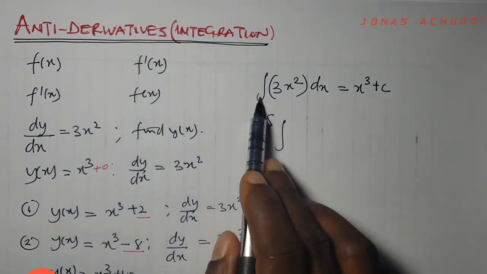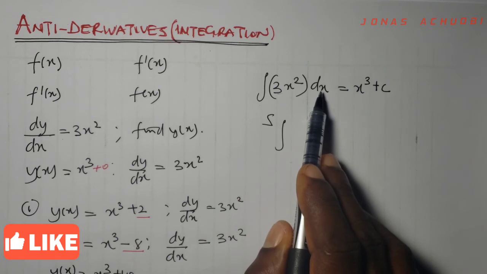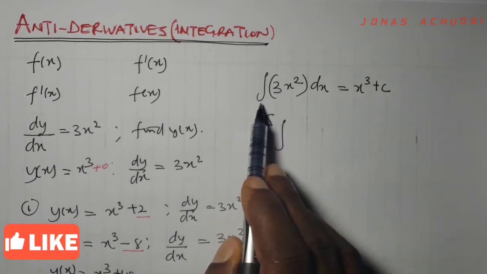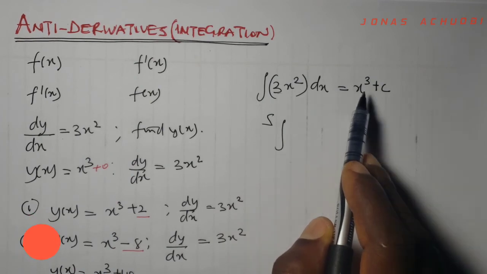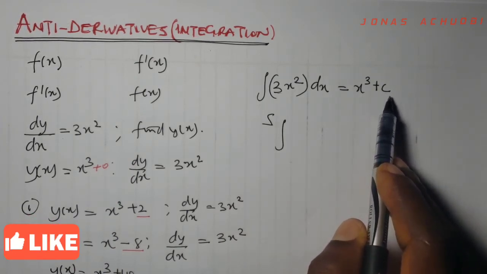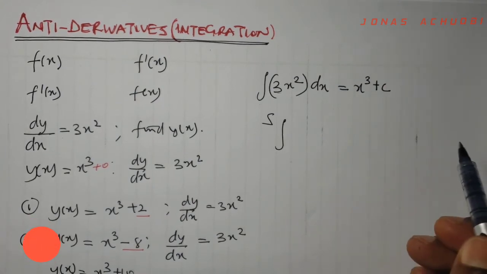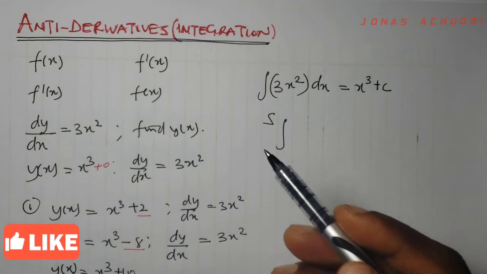So we say that the integral of the function 3x squared dx. So we read it as the integral of 3x squared with respect to x is equal to what? x cubed plus c, where c is called a constant of what? Integration.